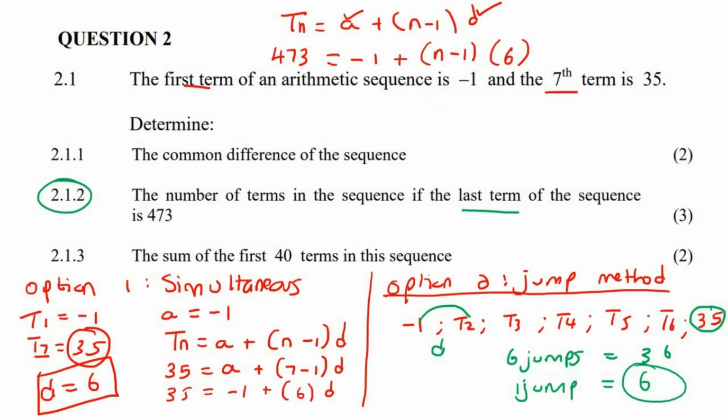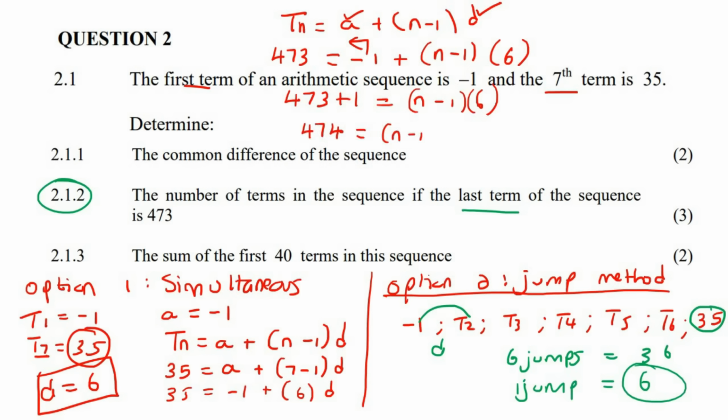Okay, so now it's just a matter of solving. I'm going to take this negative 1 to the left, so we end up with 473 plus 1 equals (n minus 1) times 6. Now, you can multiply the 6 into the bracket if you want, but I'm actually going to divide by 6. If you add these two together, you end up with 474.